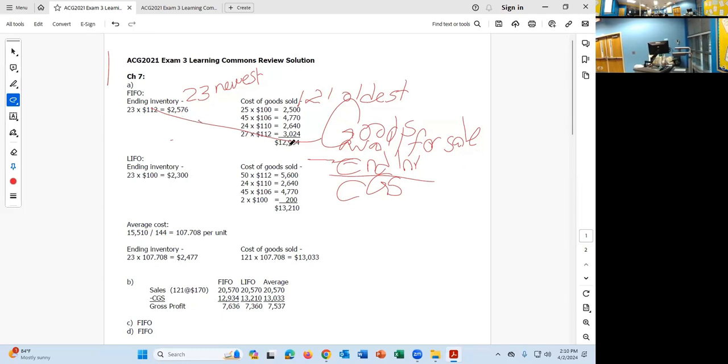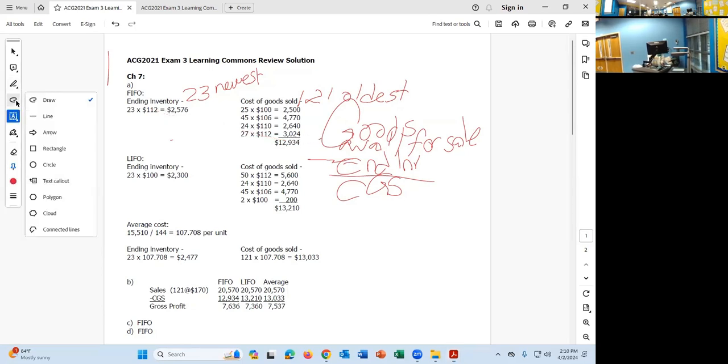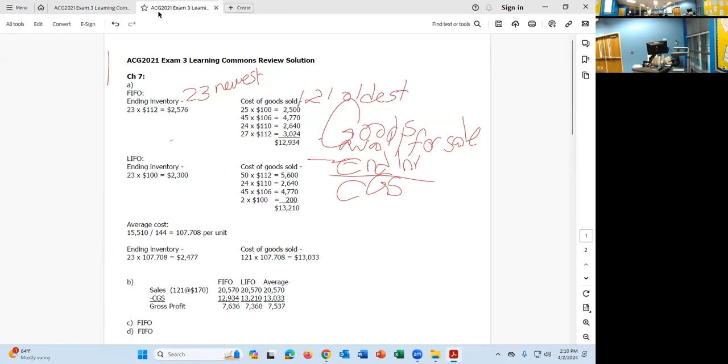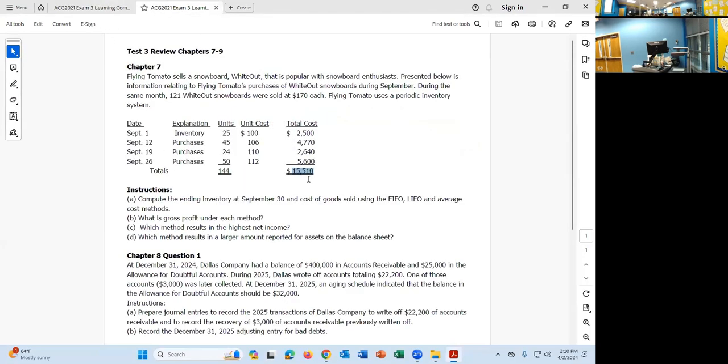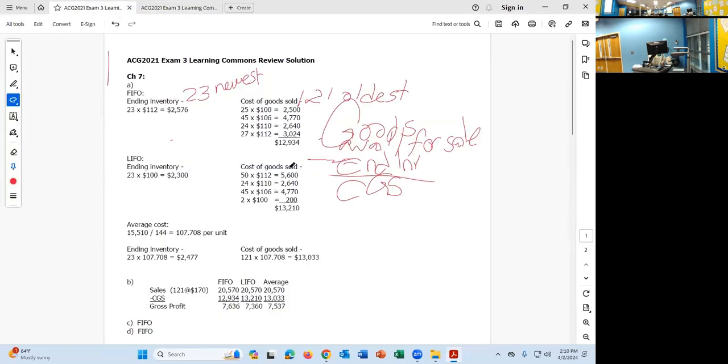Either way, the total of your cost of goods sold and ending inventory has to total that 15,510 in inventory. The key is when we think about FIFO, again, you assume the oldest stuff is what we sell first.